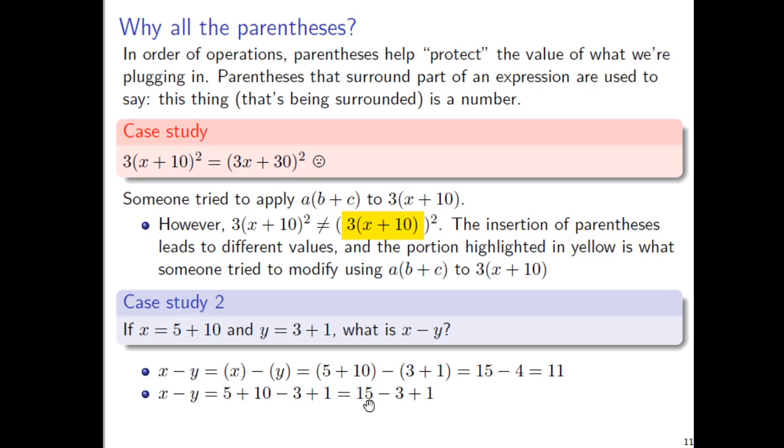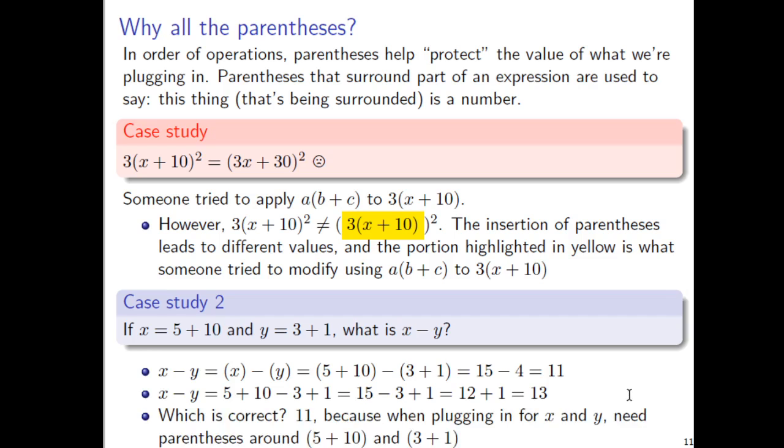Still copy the minus 3 and plus 1 to make this apparently equal. And then now this minus happens before this plus, because you just do pluses and minuses with the same precedence from left to right. And so that would give you 12 plus 1. That'll lead to 13. Look, that's a problem, isn't it? So something is wrong here. Which of these is correct? It's actually 11, because when plugging in for x and y, you need parentheses.